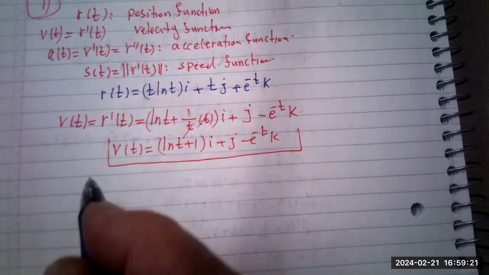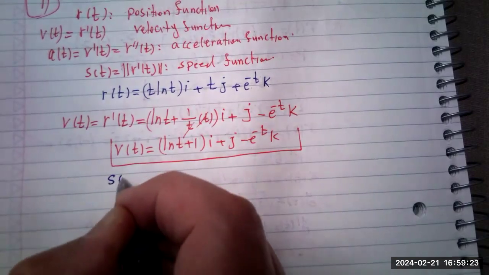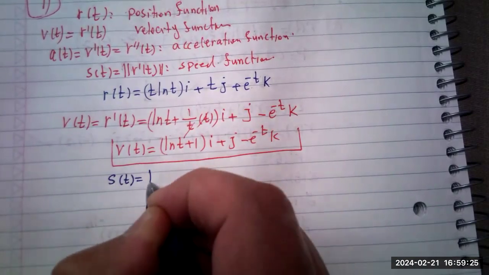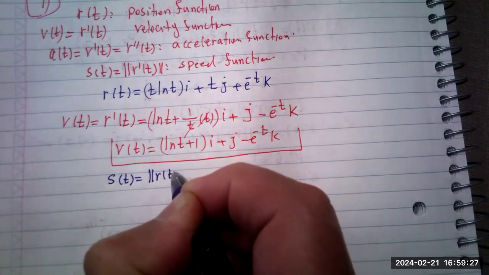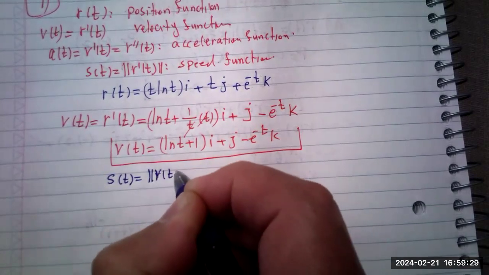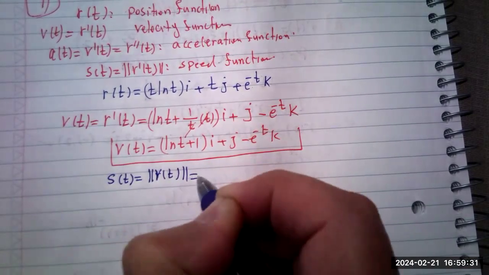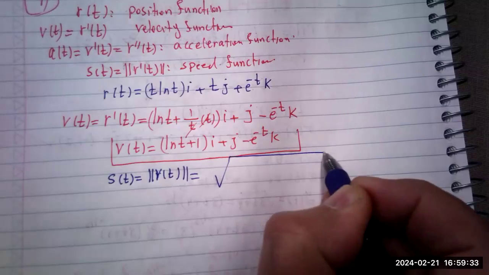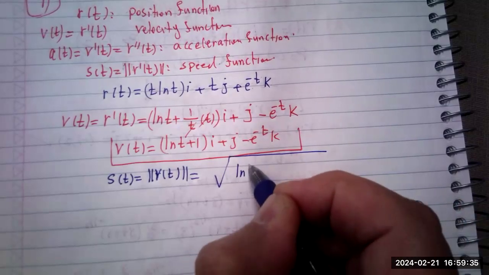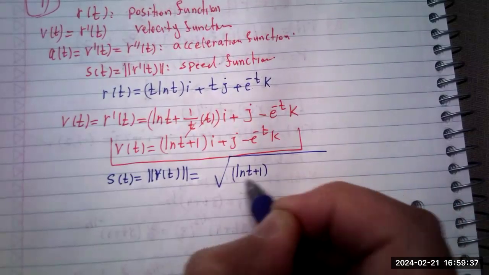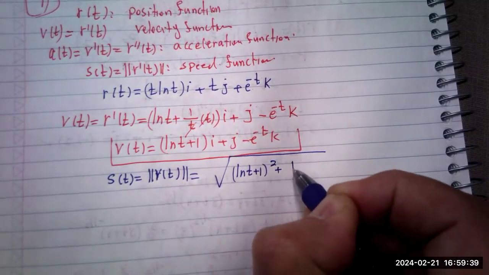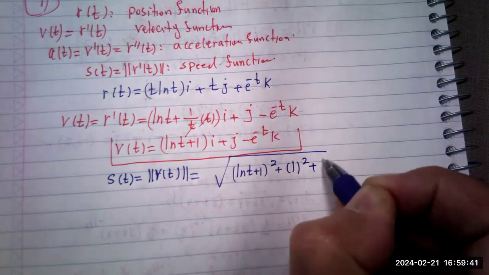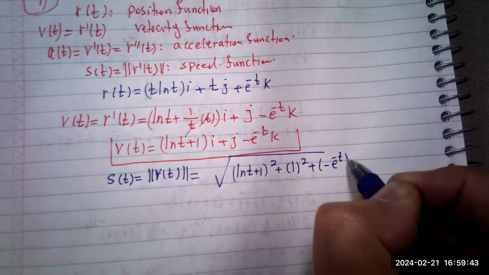Okay, you find the norm of v of t, and that gives you the speed. So the speed is going to be the norm of v of t, or r prime of t. In this case, we just rewrite it: (ln t plus 1) all squared, plus 1 squared, plus negative e to the negative t, squared.